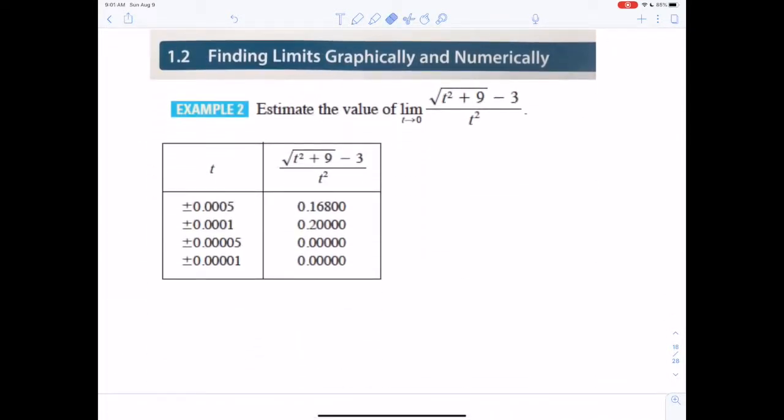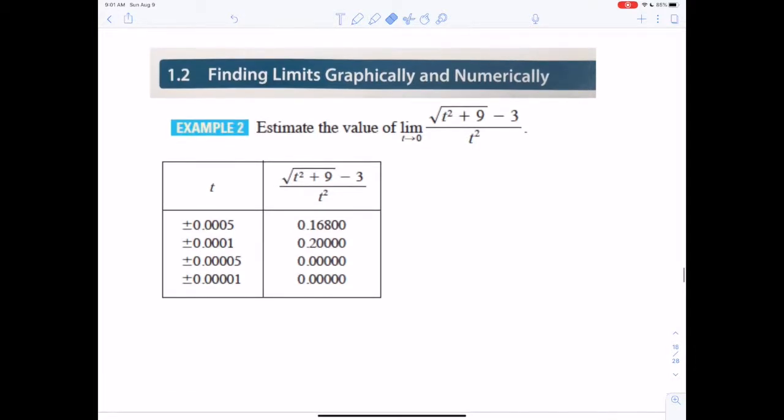Now, reason number 2 on why you should gradually get closer to the number you're approaching. Let's say you're approaching 0. I was this way too when I was in school. I thought, well, if you're approaching a number, why not just get super close?